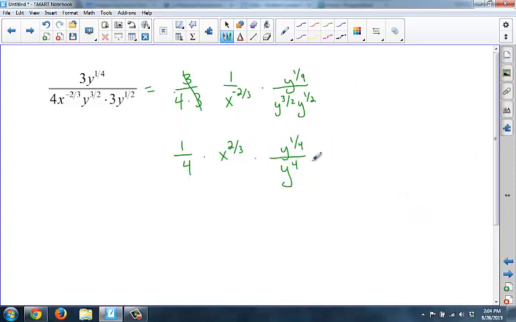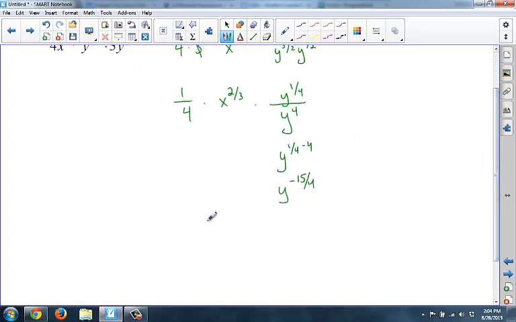If I simplify it, I could say y to the 1/4 minus 4, which would be 1/4 minus 16/4, y to the negative 15/4. So my solution right now is x to the 2/3 on top, then 4y to the 15/4 on the bottom.